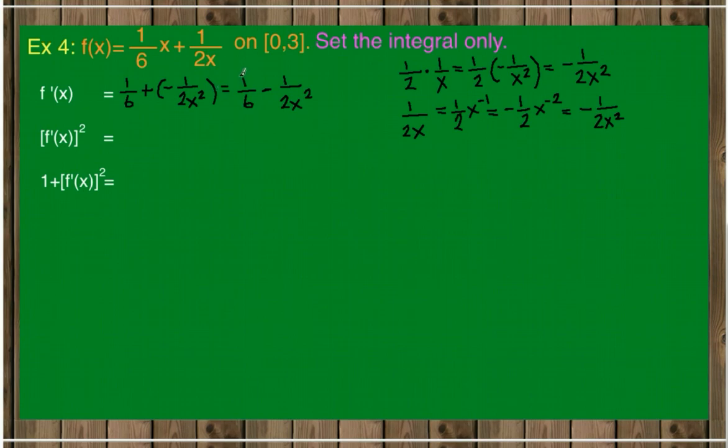Now we're going to square this quantity. This is binomial expansion. You can consider it as a minus b, quantity squared. So a minus b squared is a squared minus 2ab plus b squared. In our case, our a term is 1 over 6 and our b term is 1 over 2x squared.